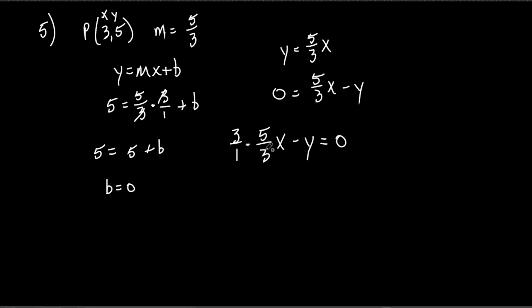If I multiply this by 3, I got to multiply everything by 3, even the y, and even the 0. Well, you know what's going to happen when you multiply that by 0. It's just going to be a 0. What happens here now? The 3's cancel. What am I left with? 5x minus 3y equals 0. Is that the answer I gave you? Yep.